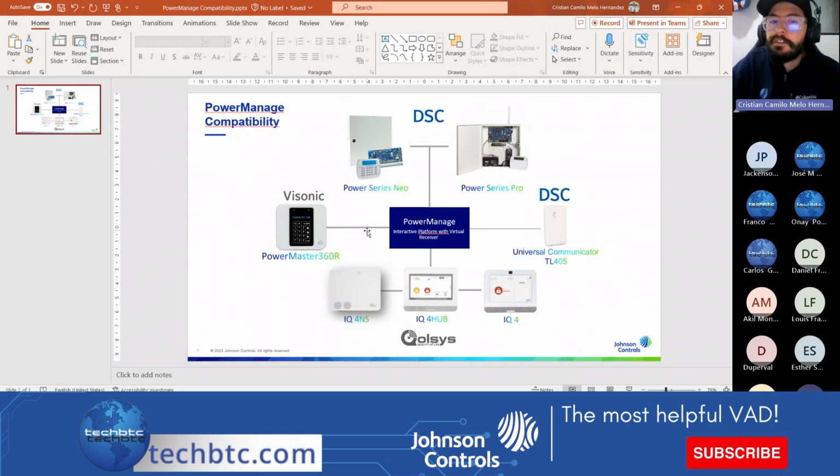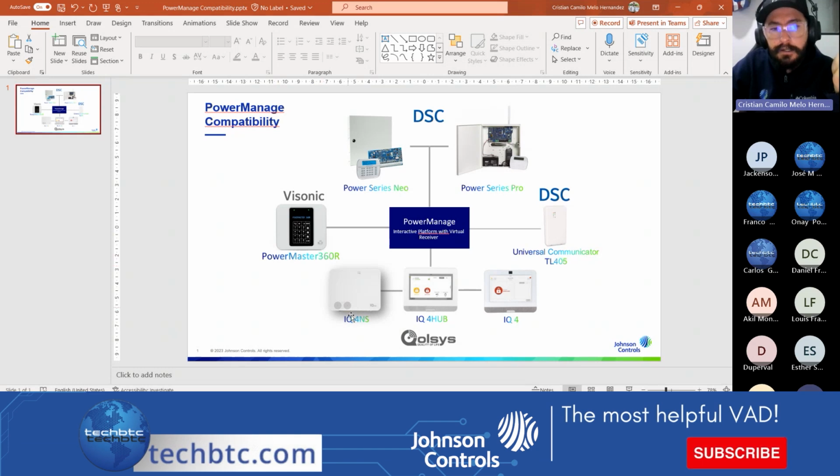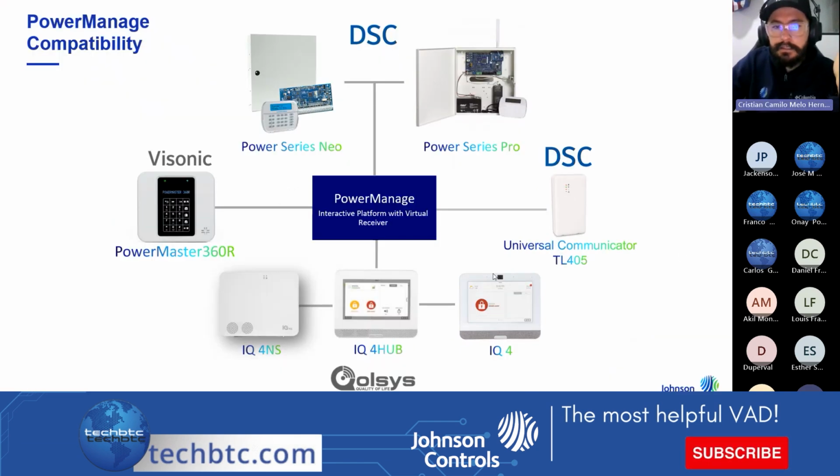We are also able to work with PM360R and the new IQ4 series panels: IQ4 NS, IQ4 Hub, and IQ4. This is the short slide where you can see all the compatible panels that will work on the PowerManage platform.